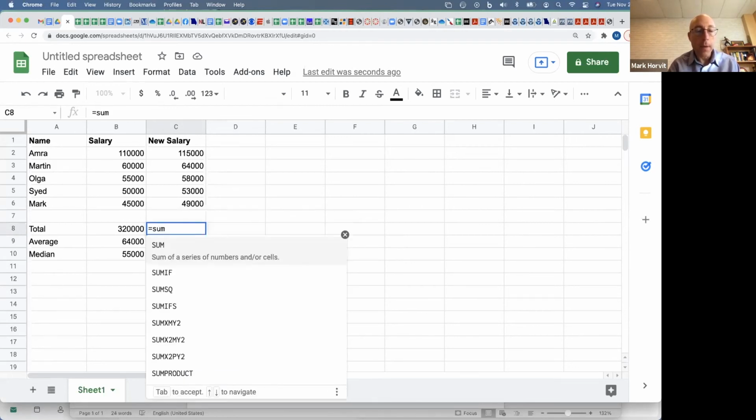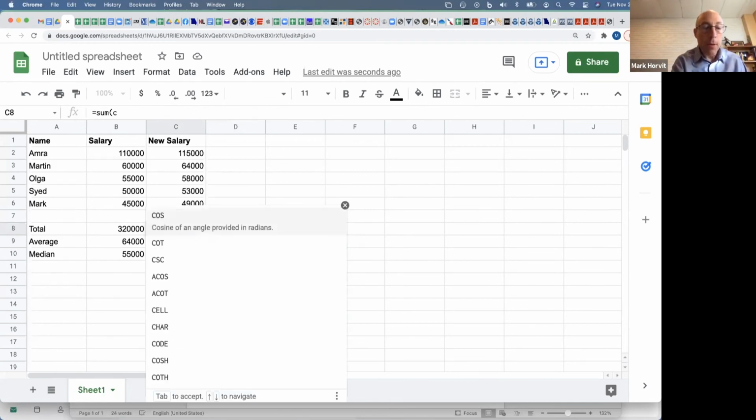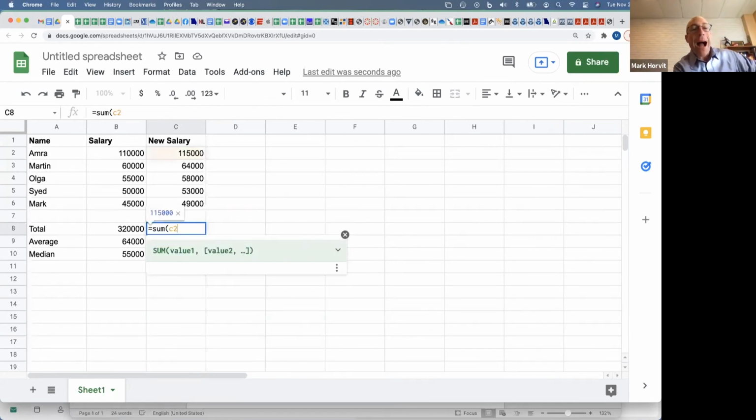I open the parentheses or brackets, and it's going to look like the last one, except now we're in column C, not column B. So I'm going to start with C2. And you'll notice the computer highlights where you're starting. It allows you to check your work. Notice C2 is now highlighted, colon for through, and stopping at C6.